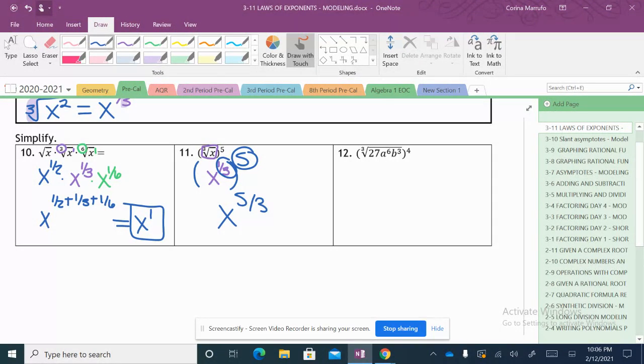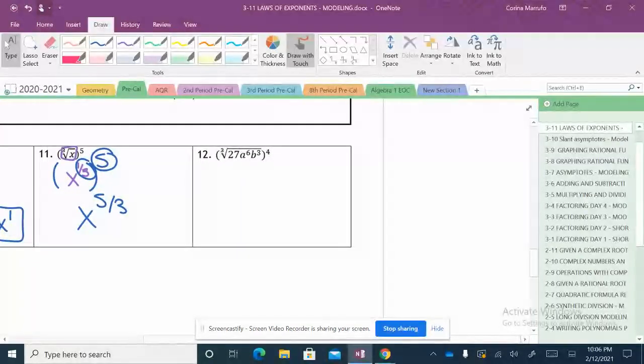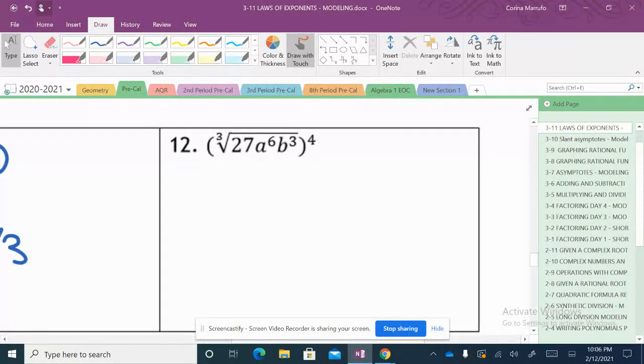All right, so then the same thing with this one. We have all of this in parentheses, and it's a cube root. So remember the cube root, we have all of this is to the 4th power. So then this part, 27, a to the 6th, b to the 3rd. Since it's all under the cube root, I'm going to put it all to the power 1/3.